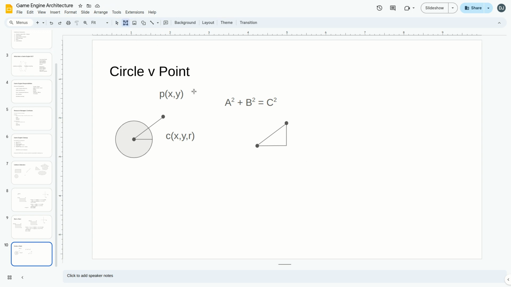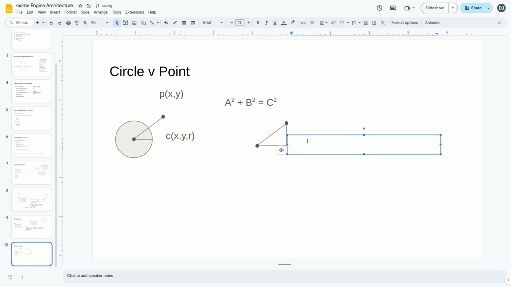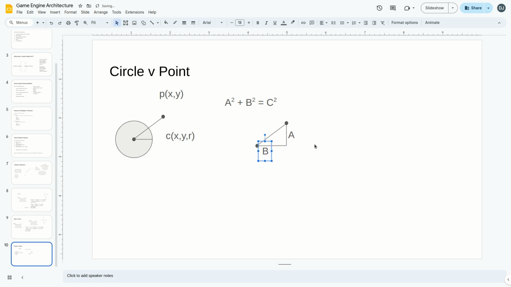So we should remember, let's call that A. B. And C. So the length of the hypotenuse squared is equal to the length of the other two legs squared. This only works for right triangles, of course, which is what we're dealing with. We're basically dealing with a triangle here. So we can reorganize this.